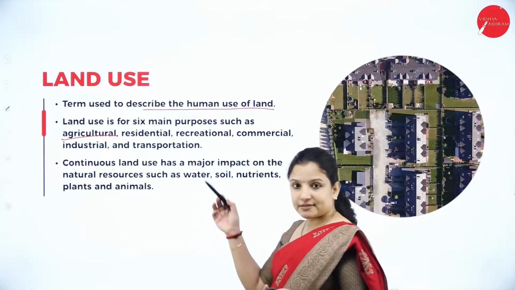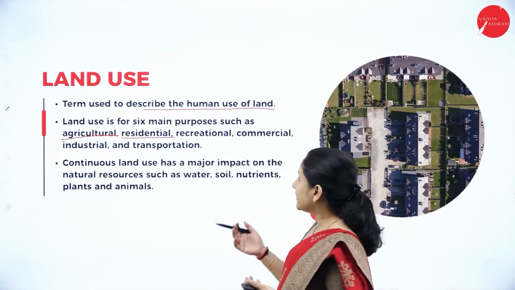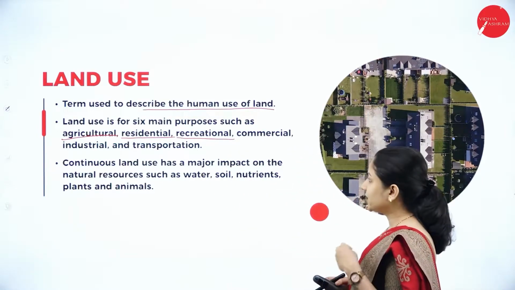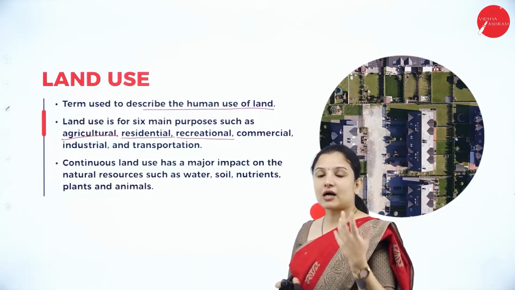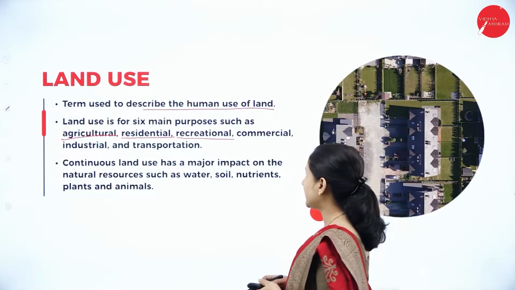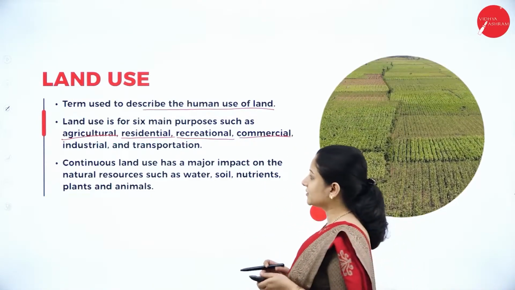Land is used for residential purposes, that is to build houses, and land is used for recreational purposes, that is to build water parks, gardens, for public recreation. For all that purpose, land is used. Land is used for commercial purposes, to build industries and all that.